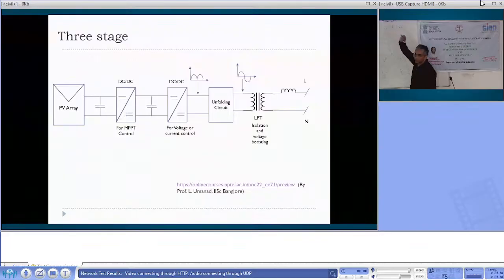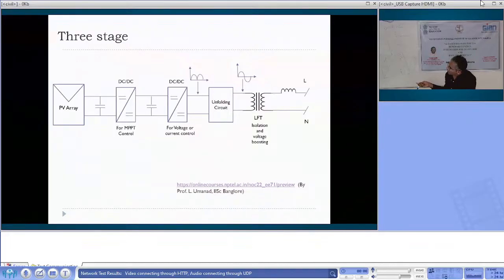The first DC-DC converter gives you a steady state, not time varying, output. The second DC-DC converter gives you a half sinusoidal waveform, since the reference given to it is sinusoidal.